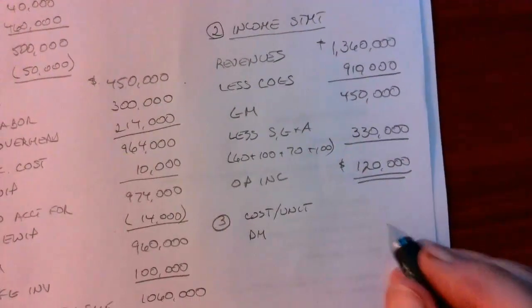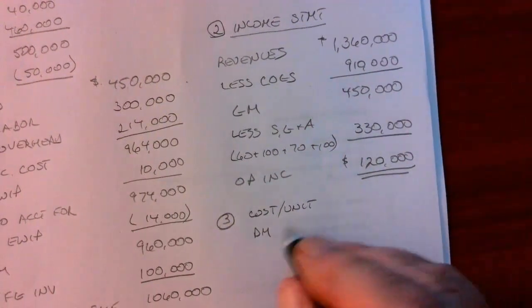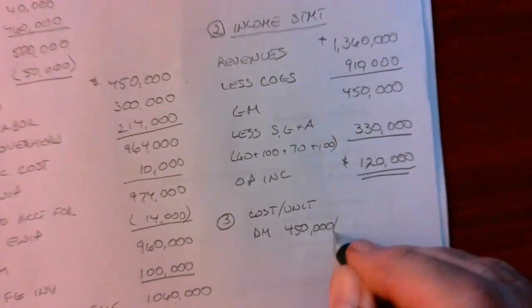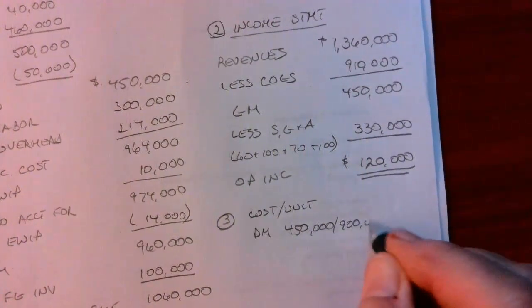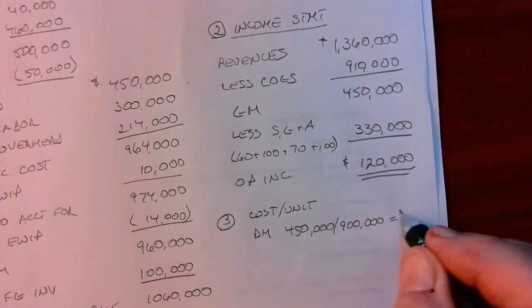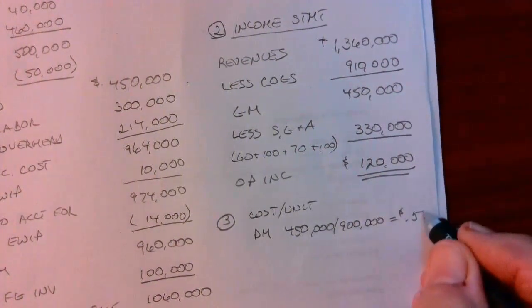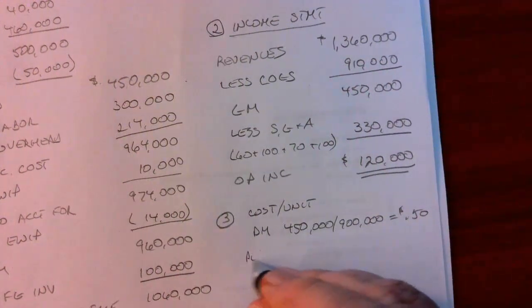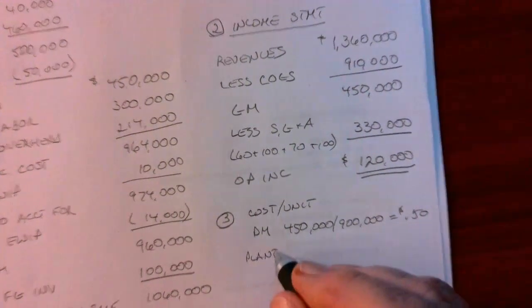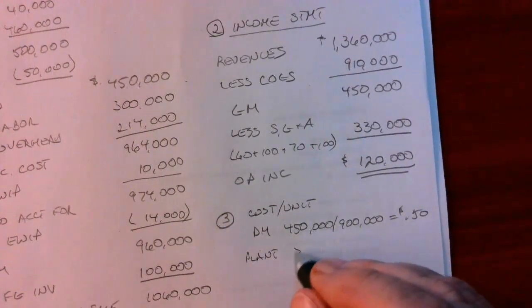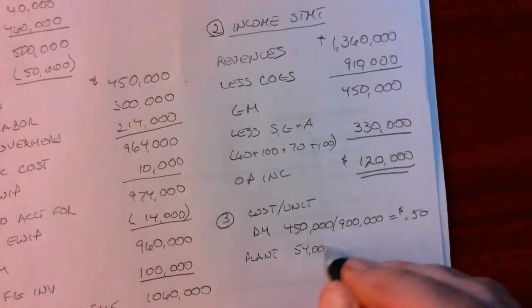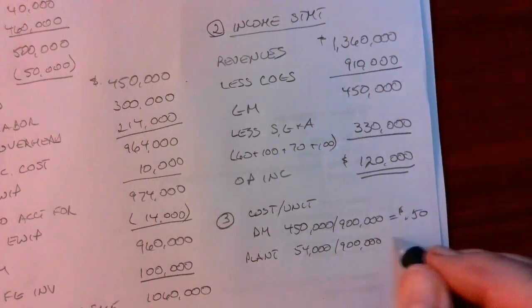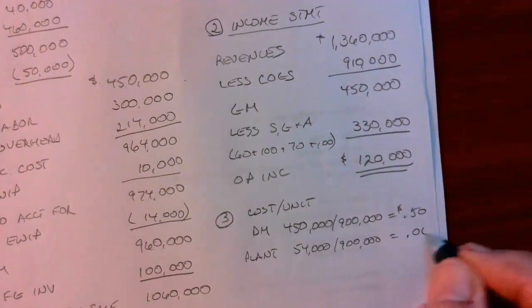So direct material used was 450,000, and that's assuming we've got 900,000 units. So that's 50 cents a unit. And then they ask for the plant leasing cost, and that's a fixed cost. That would be 54,000 divided by 900,000, and we get 6 cents a unit.